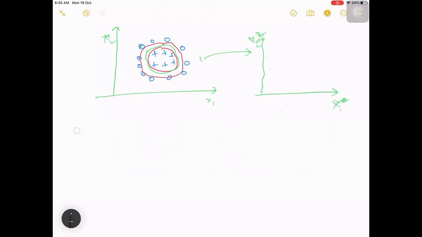Then the points where x1 square or x2 square are in some range, if you represent it in this way, you will have a clear separation.